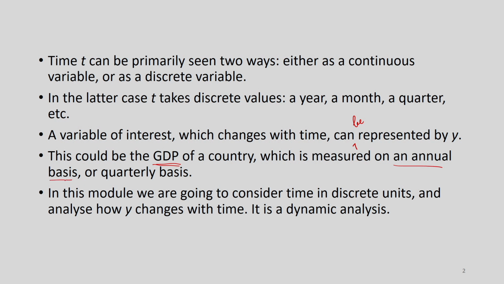Generally, that is the idea of GDP one has, the textbook definition of GDP, that we are measuring the output produced within a country, the final value of goods and services produced within a country in a year. When we are saying in a year, that means we are taking the GDP on an annual basis, maybe a calendar year, let us say 2020, or it could be a financial year.